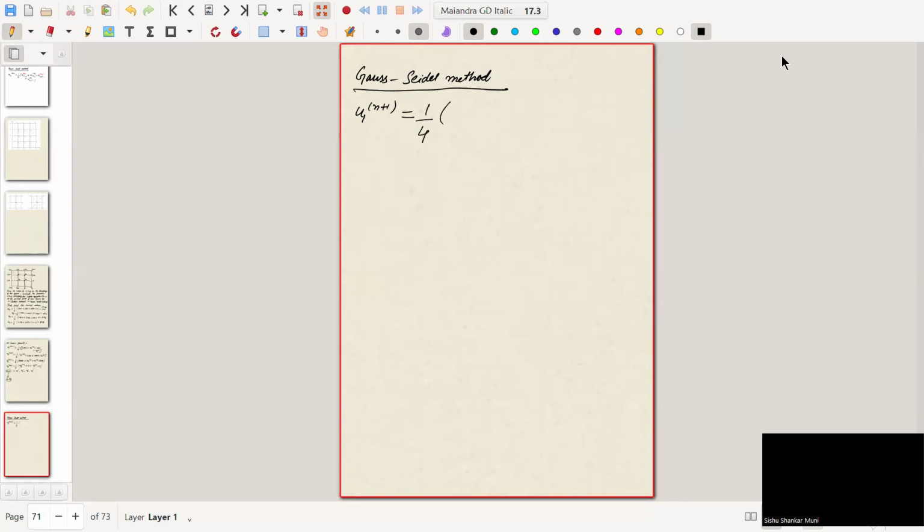Standard 5-point formula. So u1 will be 2000, 1000 plus U3 n. On the right hand side, there is no n plus 1th evaluation. It's just these boundary conditions that should have been evaluated at n plus 1, but those are boundary conditions and are constant.